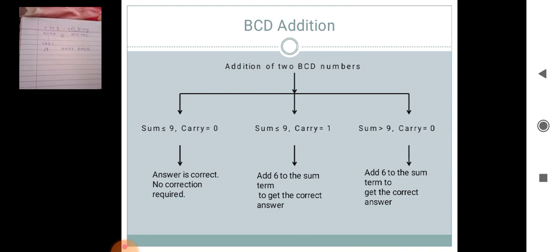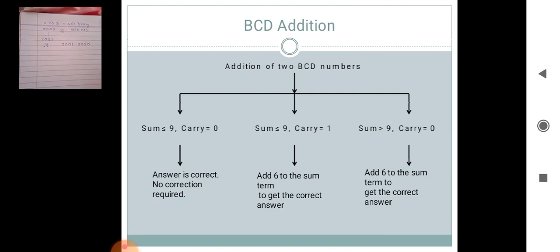See the first rule. If the sum is less than 9 and carry is equal to 0, the answer is correct. No correction is required; the answer is a valid BCD number. If the sum is less than 9 and carry is equal to 1, we have to add 6 to the sum.